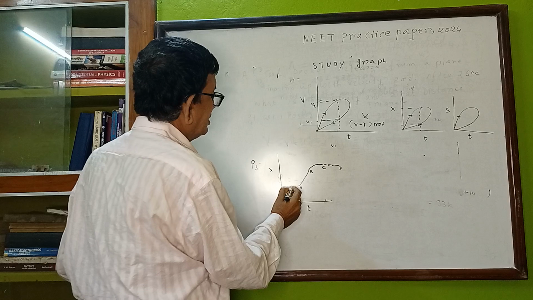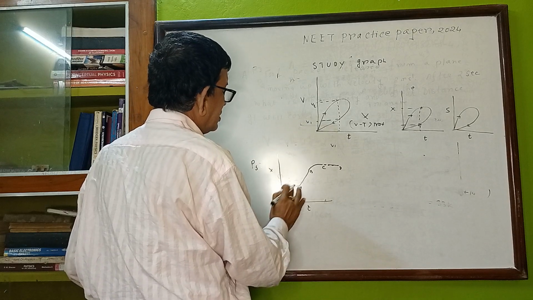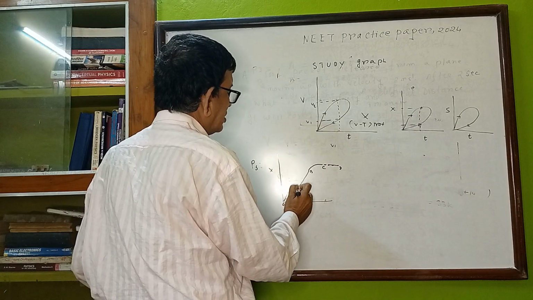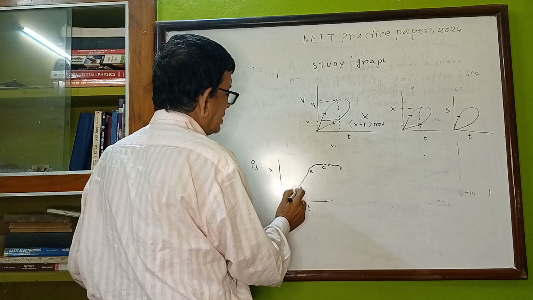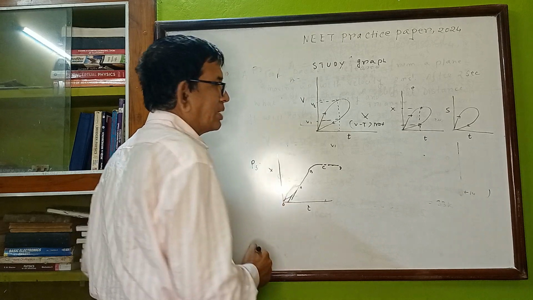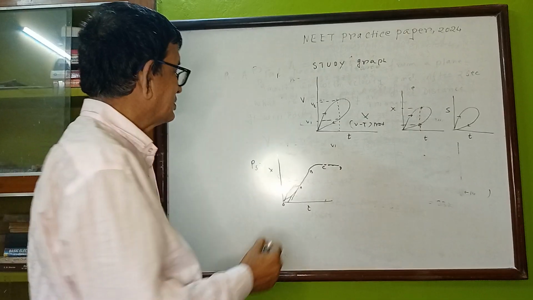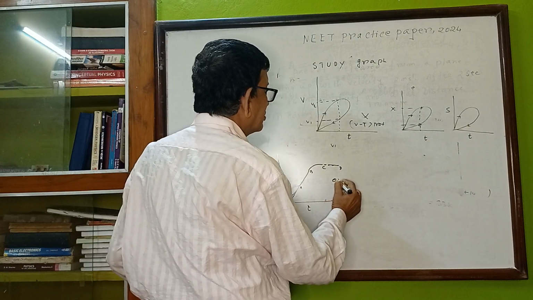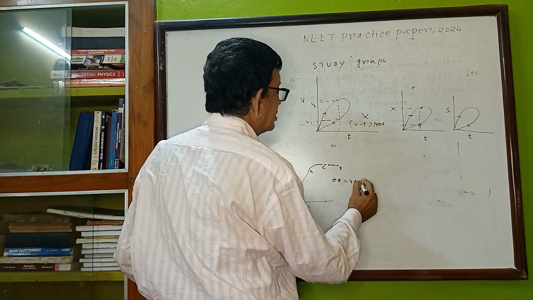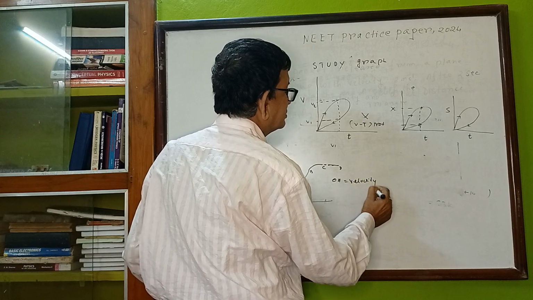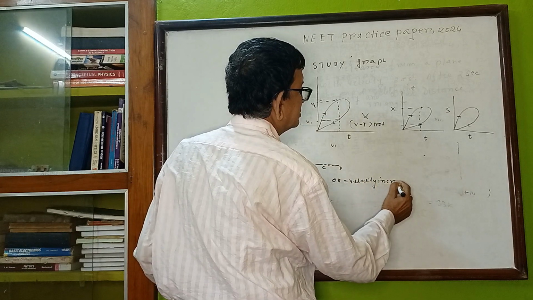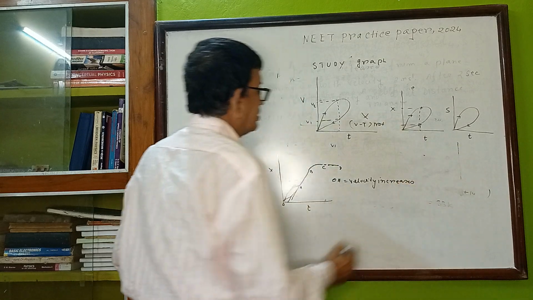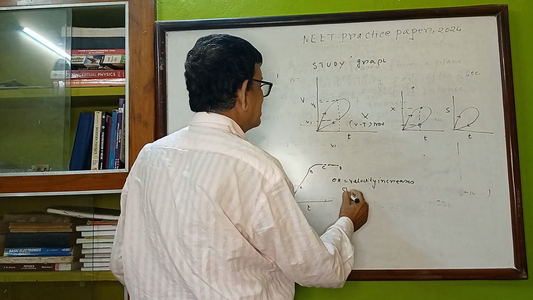First you see OB. For OA the velocity increases because the slope increases.